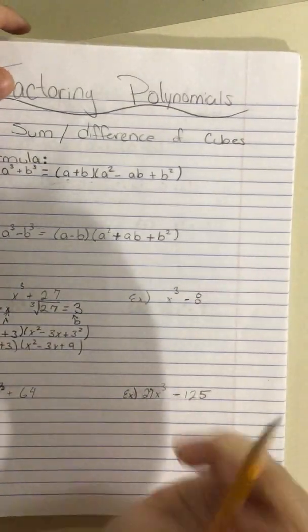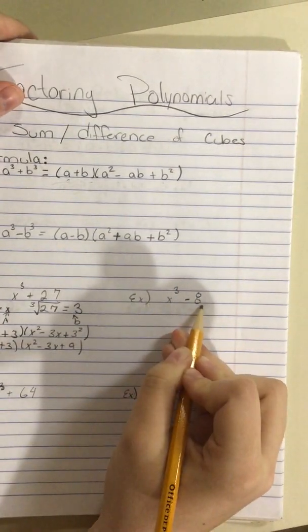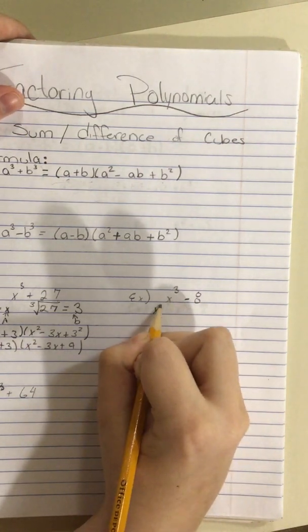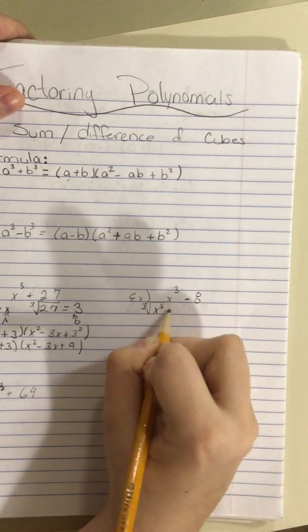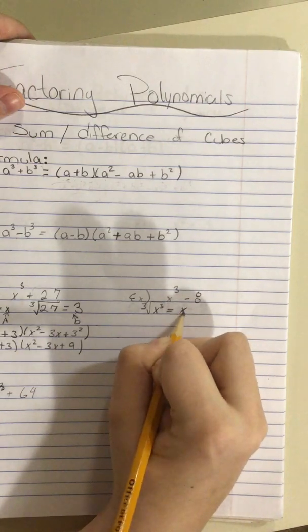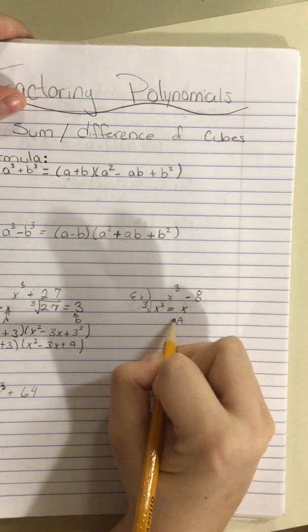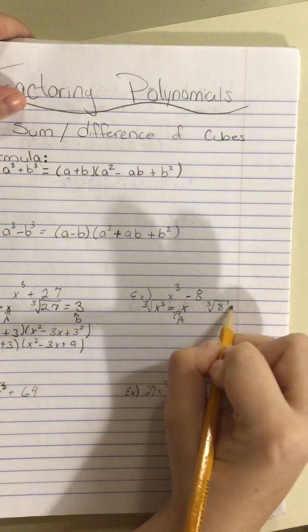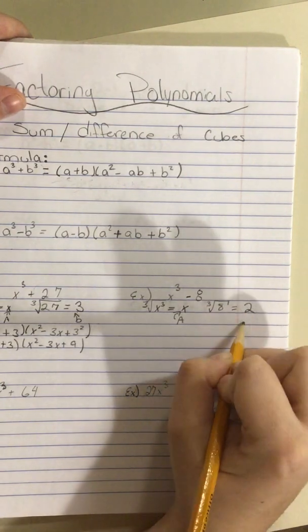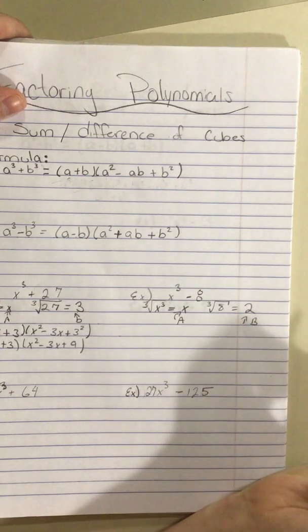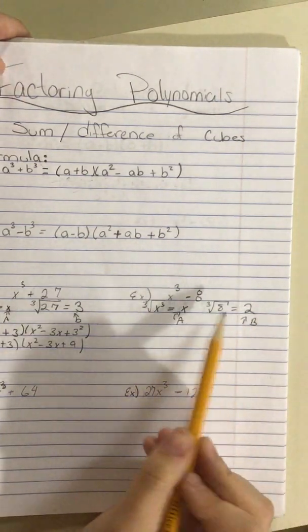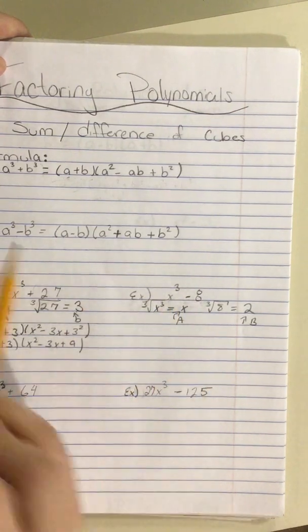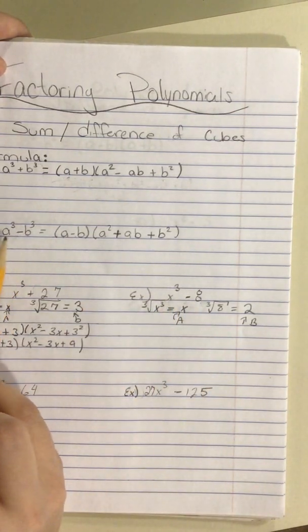Okay, let's do the same thing over here. Let's solve for our a. To solve for our a, let's take the cube root of the first one. So the cube root of x cubed is x. So that is our a. And then let's take the cube root of 8, which gives us 2. That will be our b. Again, we have the subtraction of two perfect cubes, so we're going to use this formula.